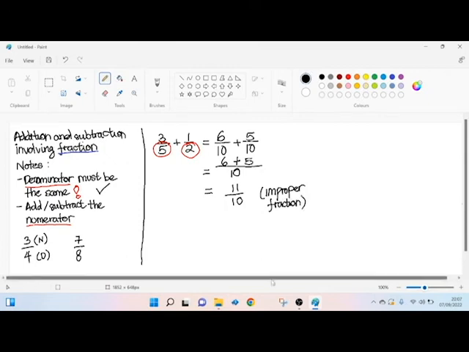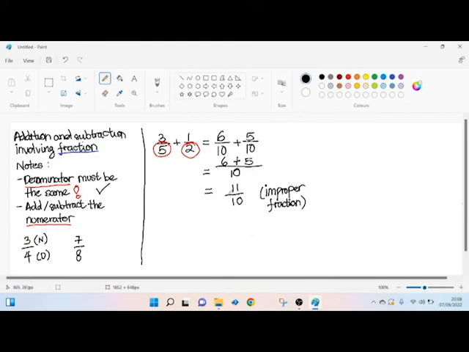Can you guess? 3 over 4 is a proper fraction. 7 over 8 is a proper fraction. But this one is an improper fraction. Can you identify the difference between this fraction and these two fractions? I hope your answer sounds like this: this one is called improper because the numerator is bigger than the denominator.